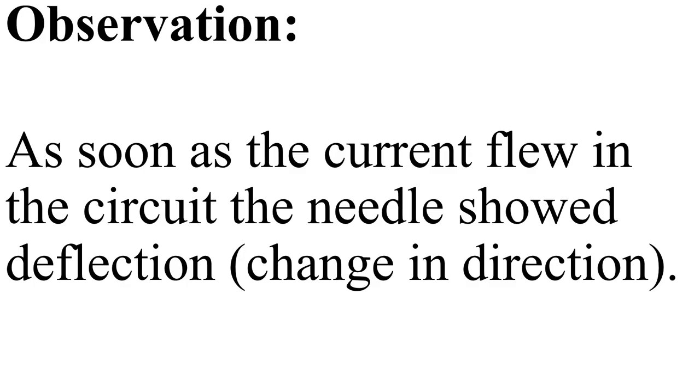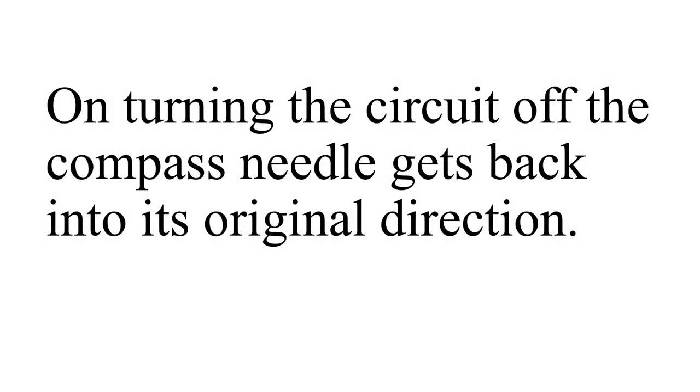While performing this activity, we observed that as soon as the current flew in the circuit, the needle showed deflection. It means it started changing its direction. Yes, on turning the circuit off, the compass needle gets back into its original direction.